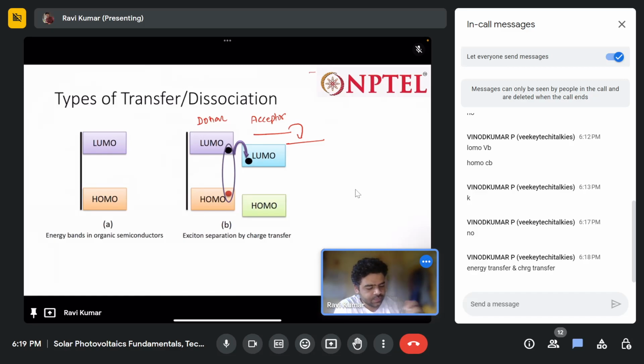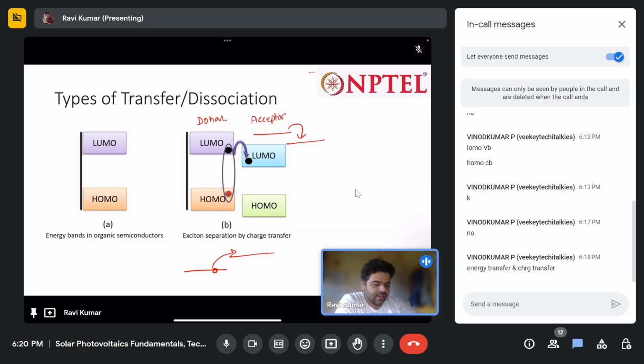But what happens when one level is this way and another level is this way, and charge carriers from these two need to move to this one? Can a charge move automatically, without taking any energy, from this energy level to this level? No. A charge cannot move from a lower energy level to a higher energy level without using any energy. If it were possible, then the solar cell would be an automatic device. No, it is not possible.